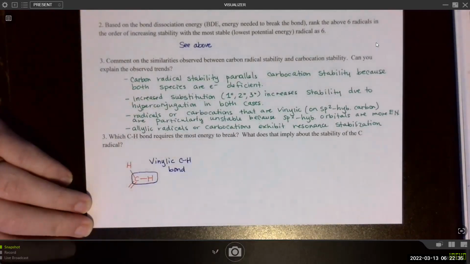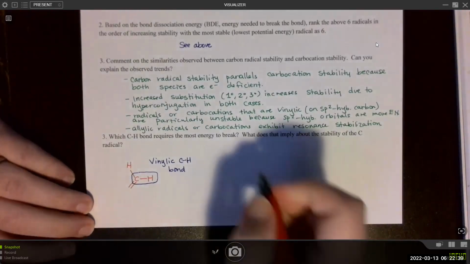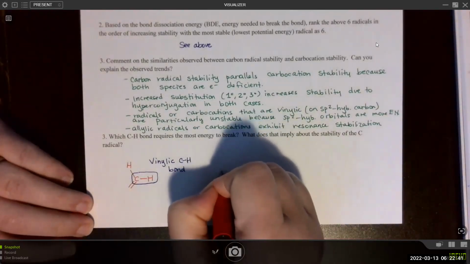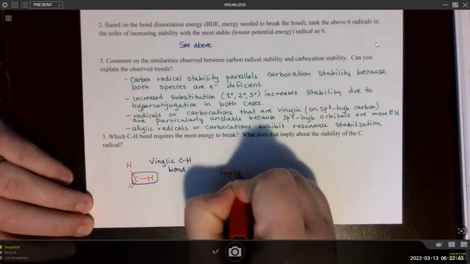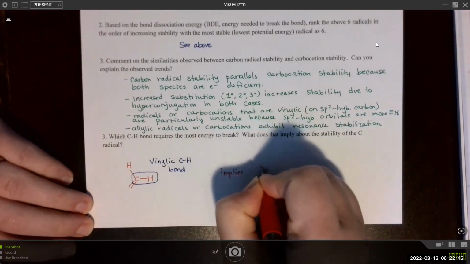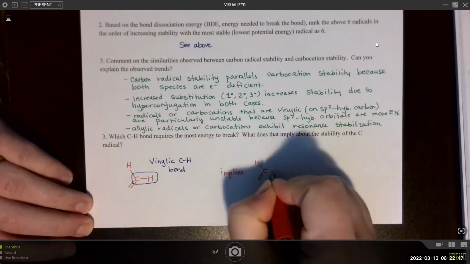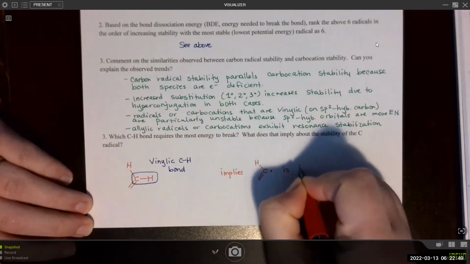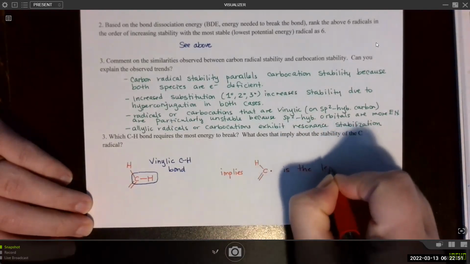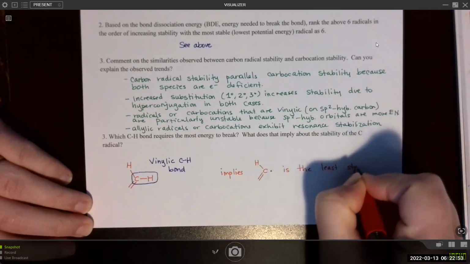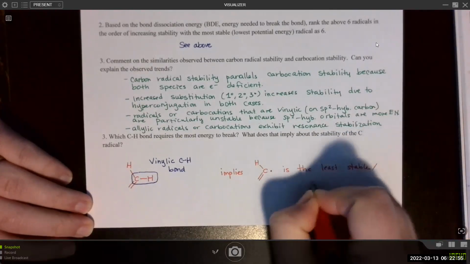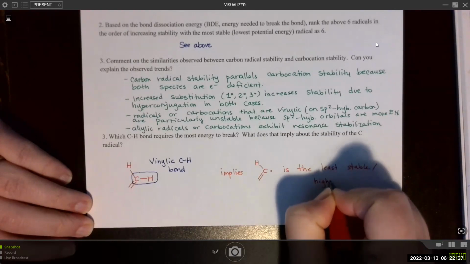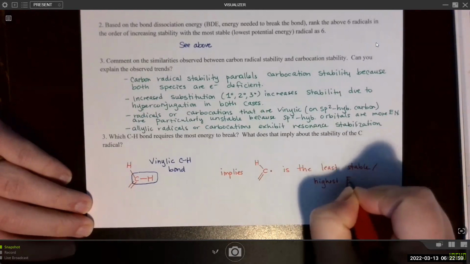And so what is implied is that the carbon radical that results is the least stable, highest energy. I'm referring to potential energy.